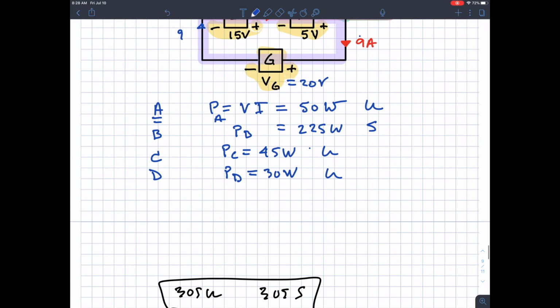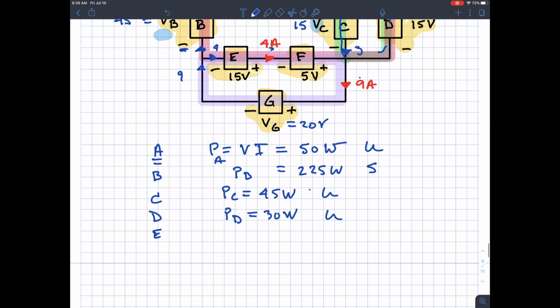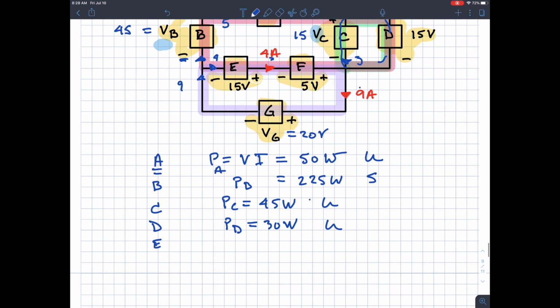Used. Element E. For element E, I've got 4 amps. 4 times 15, so that's 60 watts. This is in the direction of a voltage rise, so this would be supplied. Element F, 5 volts. Current moves in the direction of a rise. It's the active sign convention, 20 watts supplied.